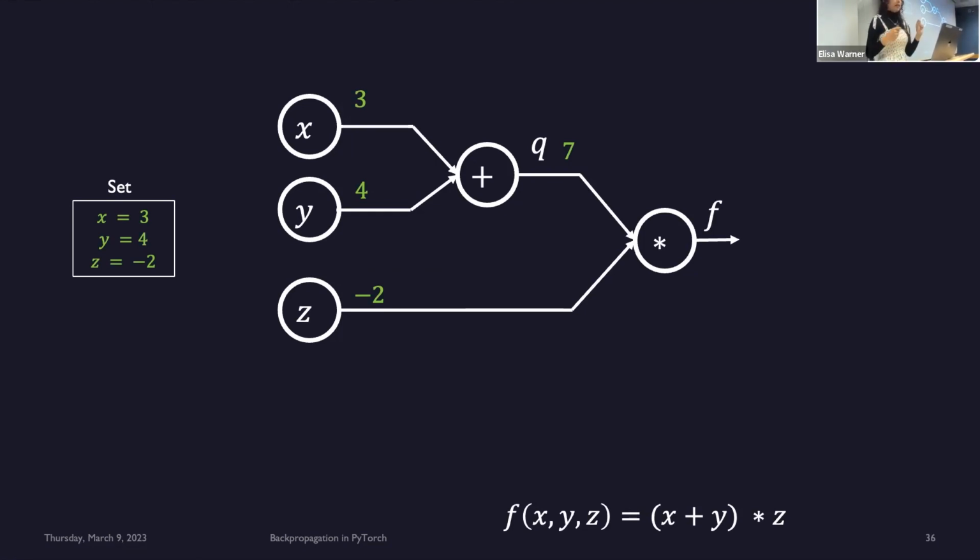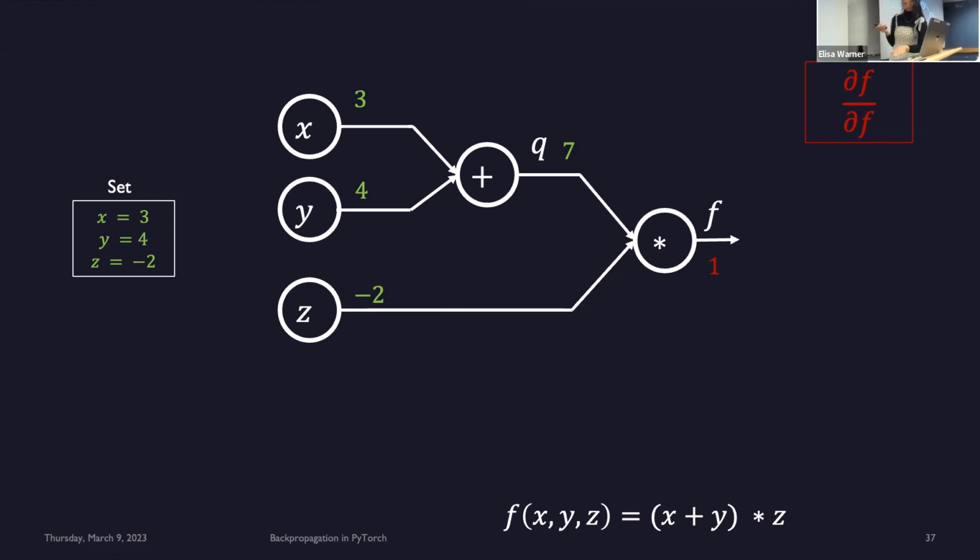Okay, so we're going to backpropagate through this computational graph, and we're going to start at the end, because that's what we do. We take the partial derivative of f with respect to f. That should be equal to 1, right? Because it's the derivative with respect to itself.